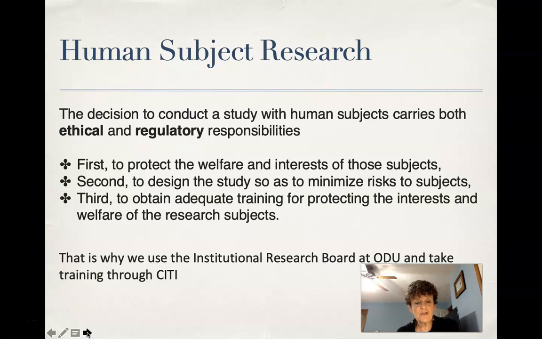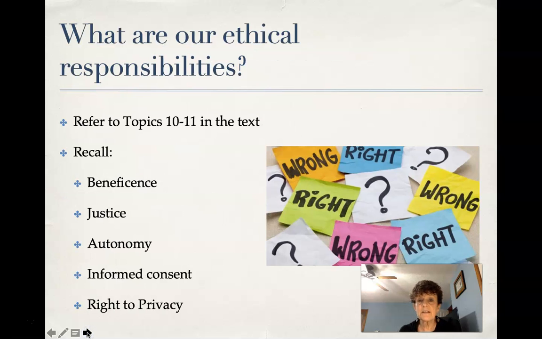And then we have to make sure that when we do our research or our data collection, we design that study to make sure that the risk is minimal. And then we need to make sure that we have adequate training so that we can protect the rights and welfare of our subject that we're researching. That's why here at ODU, we have an institutional research board and we take training through CITI, which y'all have been working on. Some of you have already done it.